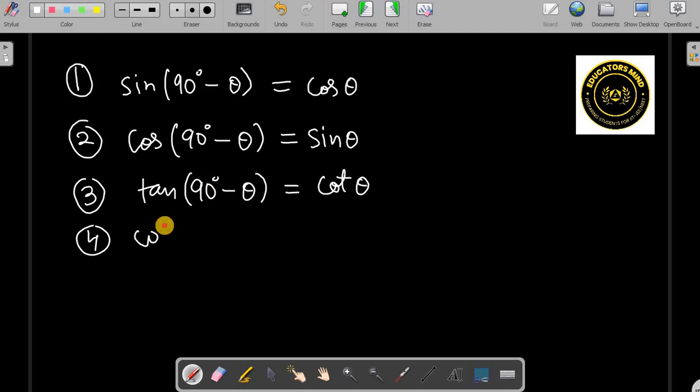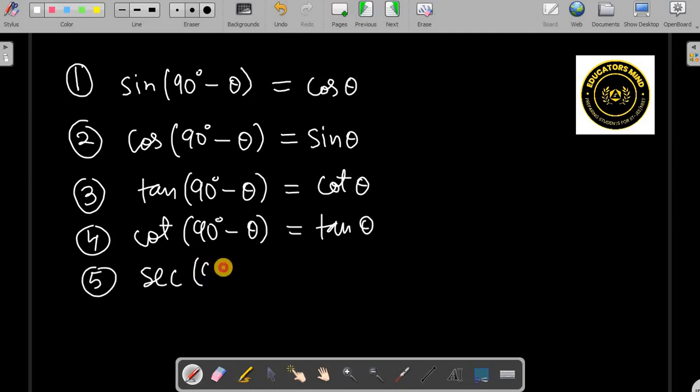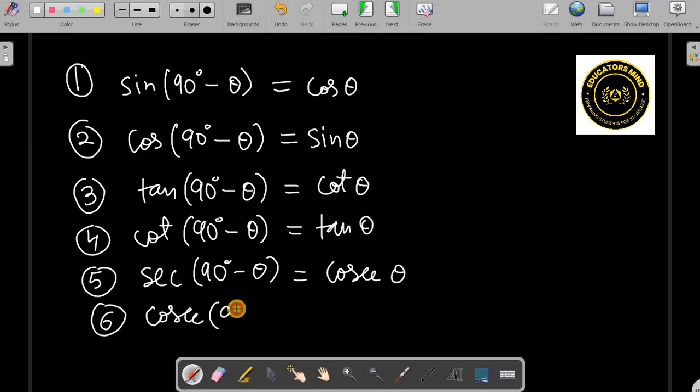Cot of 90 degree minus theta becomes tan theta. Secant of 90 degree minus theta becomes cosecant theta. Cosecant of 90 degree minus theta becomes secant theta. These are for 90 degree minus theta conversion, but there is a general rule that we will also discuss.